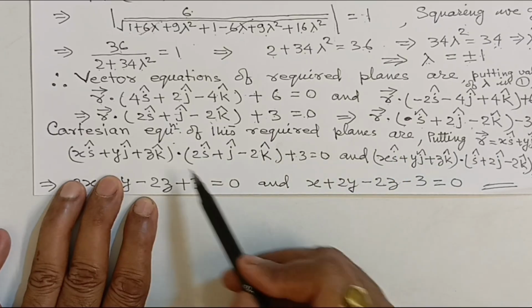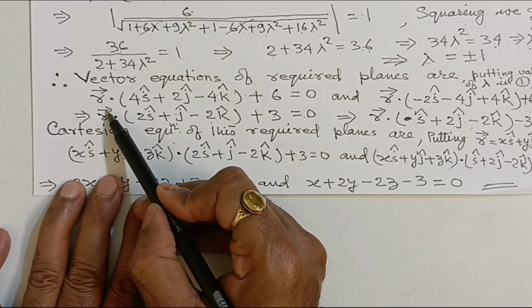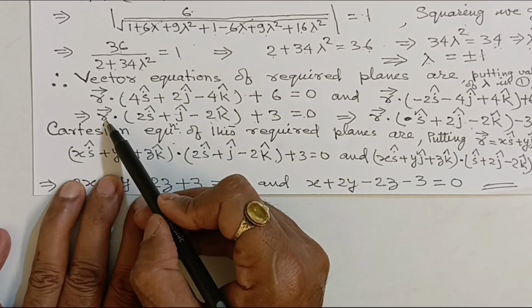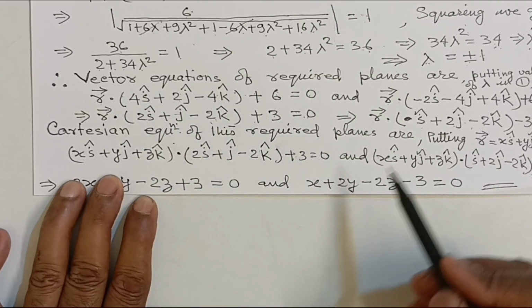Now, the Cartesian equation of the required planes: instead of vector r, we put xi plus yj plus zk.